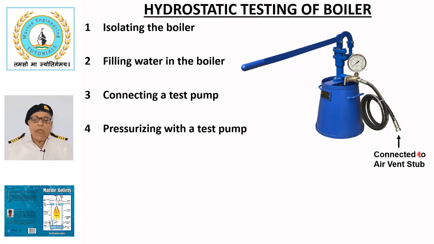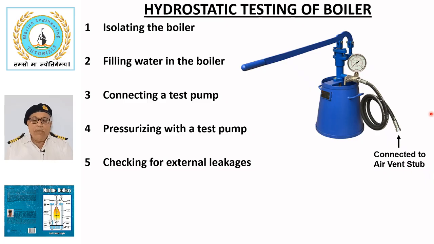The test pump may be hand operated as shown for testing small units or may be power operated for large units. Checking for external leakages. The pressure parts of the boiler are subjected to 1.5 times their design pressure.